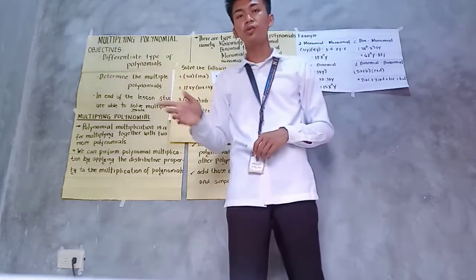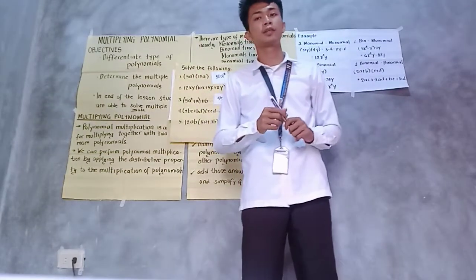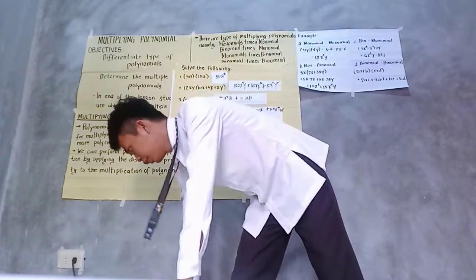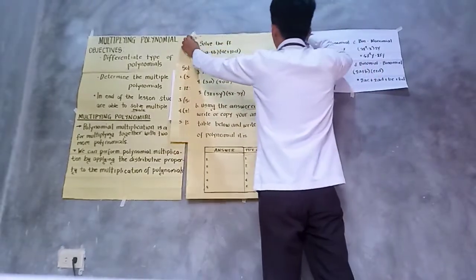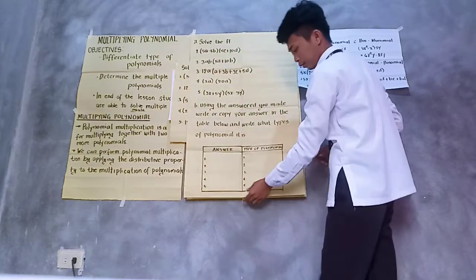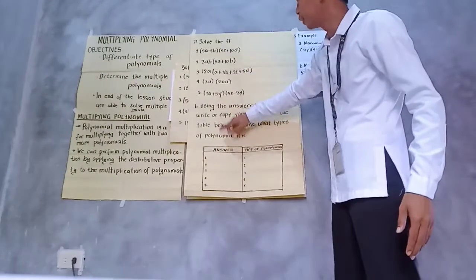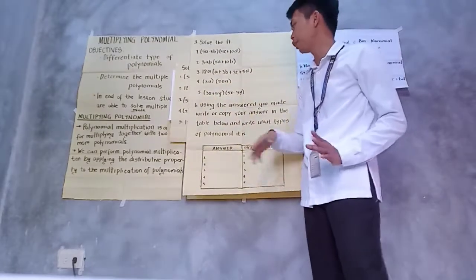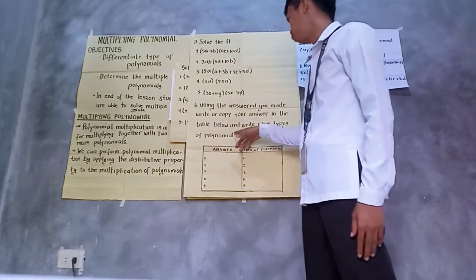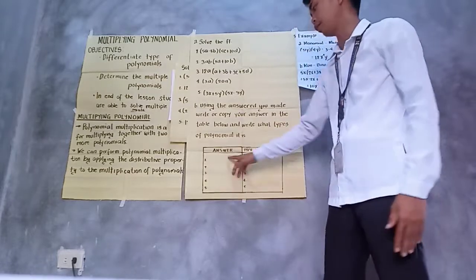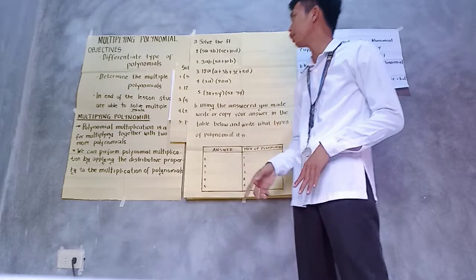Now, let's proceed to your quiz for today regarding multiplying polynomials. So this is your quiz. For letter A, solve the following. And for letter B, using the answer you made, copy your answer in the table below and write what type of polynomial it is. Copy and answer on one whole sheet of paper.